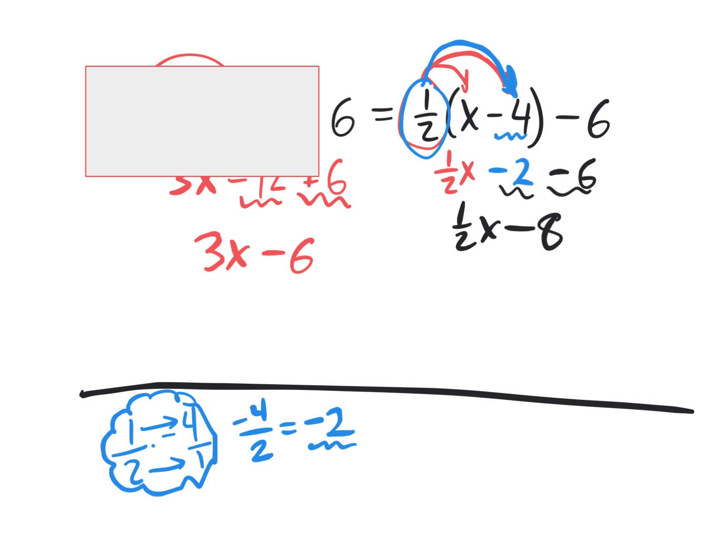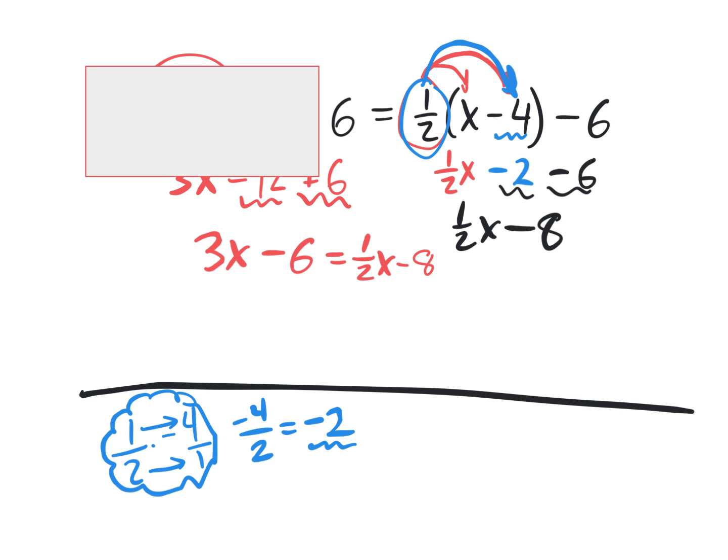So this is the simplified right side of the equation. So what we really have here is 3x minus 6 equals 1/2 x minus 8. Let me actually write that over here, equals 1/2 x minus 8. So this red equation is our new simplified equation.